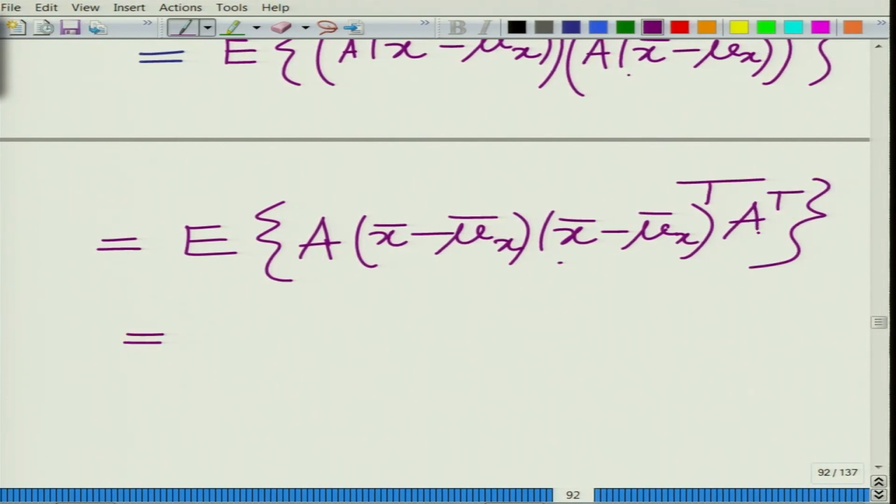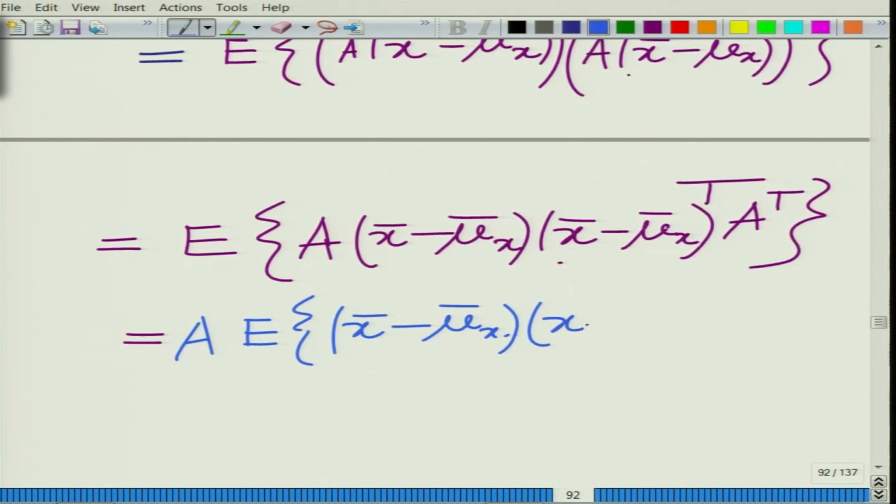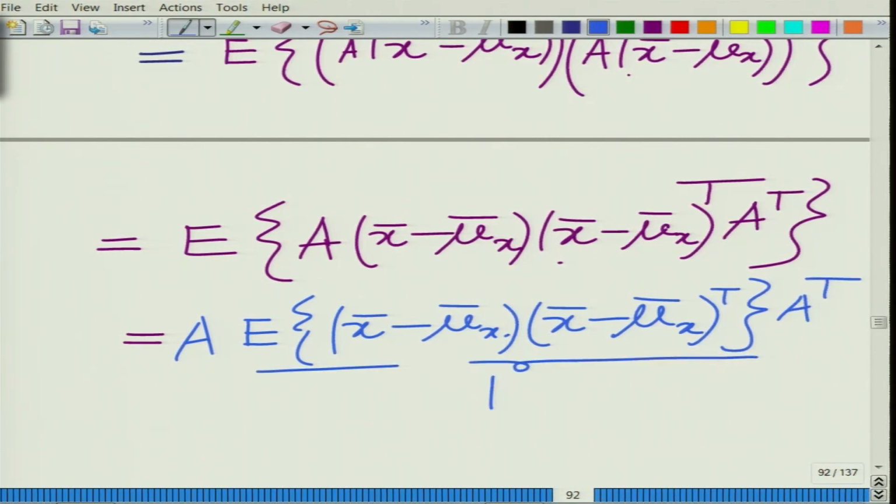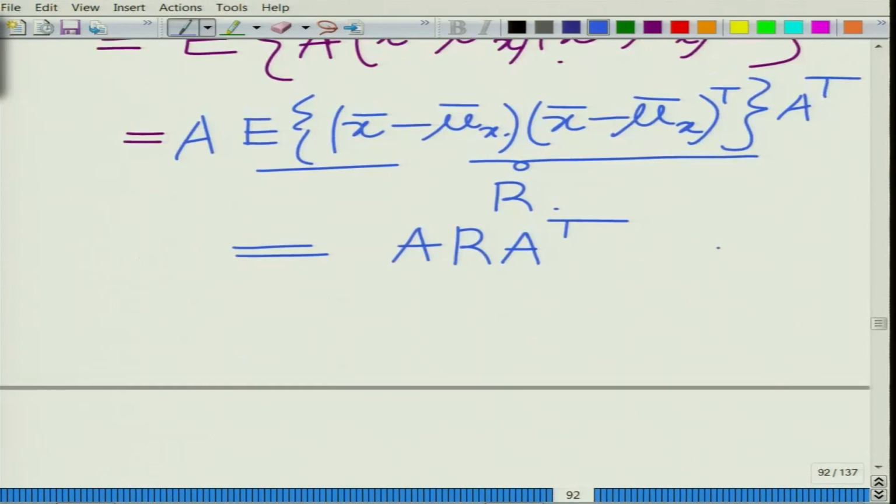These are constant matrices, so bring them out of the expectation operator. So, this will be A expected value of x bar minus mu bar x times x bar minus mu bar x transpose into A transpose, and this is nothing but the covariance matrix of x. This is R, right. So, I can write this as A R A transpose. So, this is basically the covariance matrix of y bar.